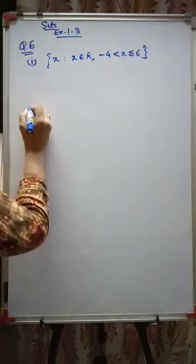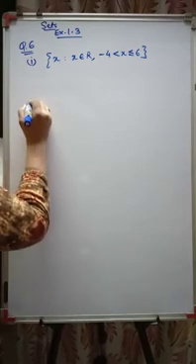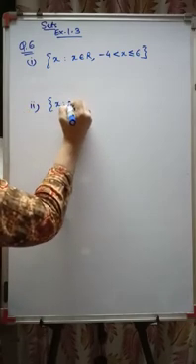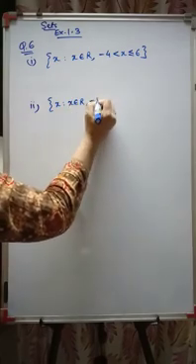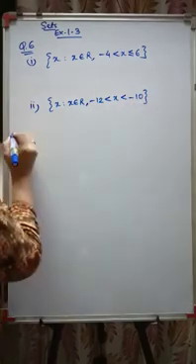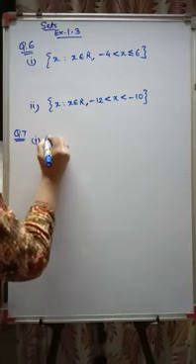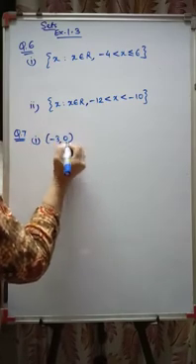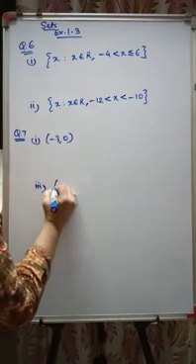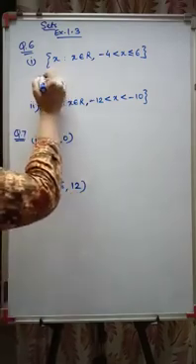And one more, from question number 2: x such that x belongs to R, -12 is less than x is less than -10. And question number 7, where you have to write in set builder form: first is (-3, 0), and the third one is (6, 12]. So these four questions.